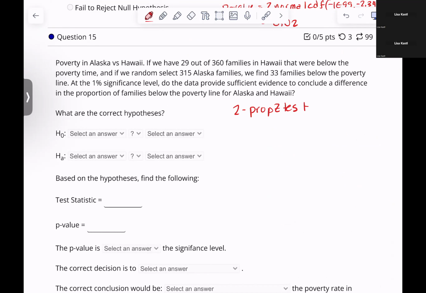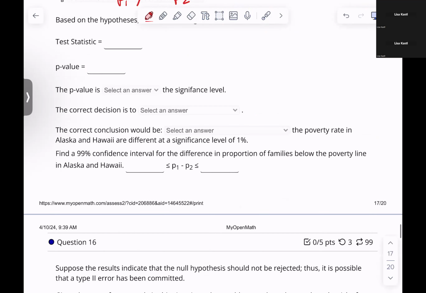Poverty, a difference. So this would be what? Not equal to 0. Oh, actually, we're doing P1 and P2, sorry. This would be P1 equals P2. And they do ask you to find a confidence interval.